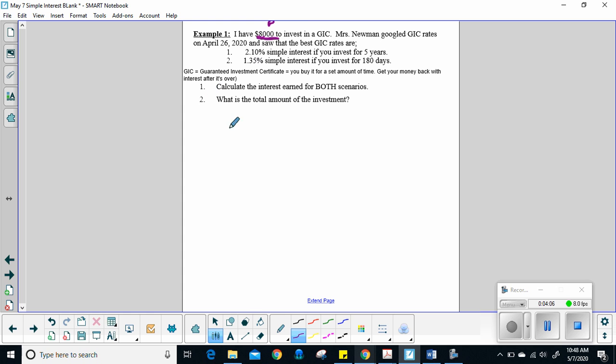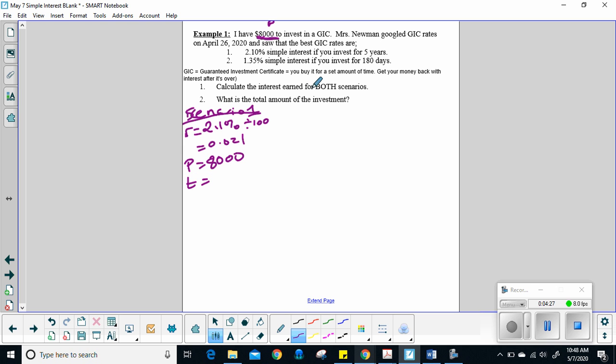So scenario 1. That's the one we are talking about, 2.1% interest. So my rate is 2.1%. Remember, divide that by 100. So we're talking about 0.021. We're starting with $8,000.